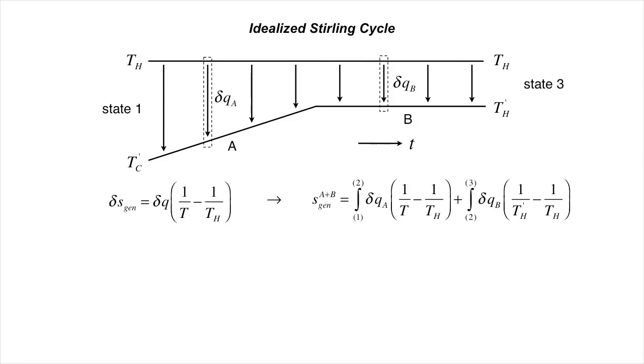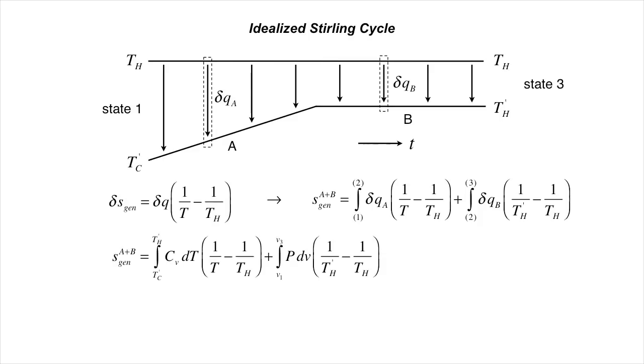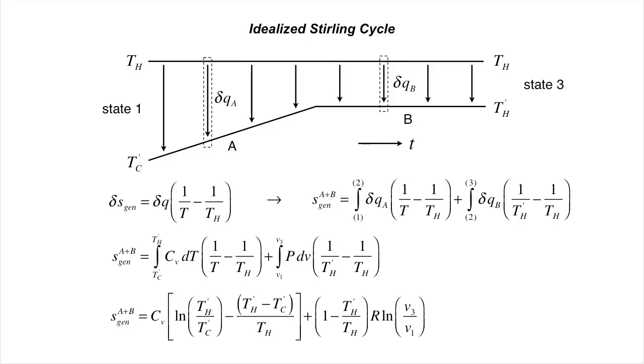Breaking this integral into two parts for steps A and B, and then substituting the differential form of the first law relating heat flow to changes in temperature or volume, we can solve the integral for the total generation of entropy due to these gradients. The result is exactly the same as we calculated previously for these steps as a whole. In other words, we can blame all the entropy generation in our idealized cycle on this heat transfer process.